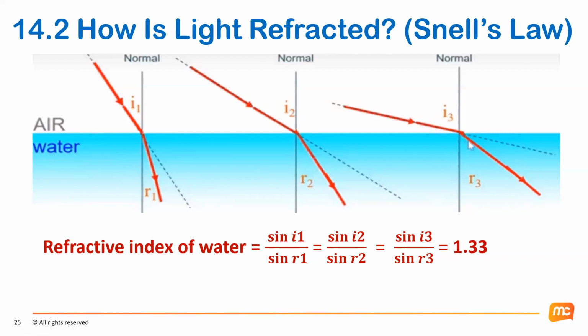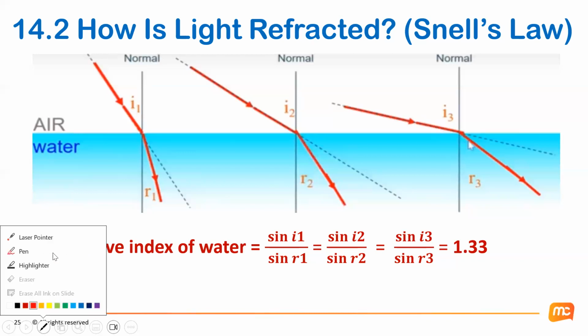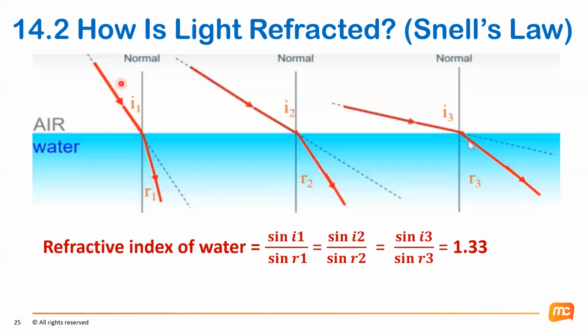Based on the second law of refraction, also known as Snell's law, the ratio of sine I to sine R will always be a constant. Let's take the first example over here. This is my laser pointer. My light ray enters at an angle of I1 and gets bent at an angle of R1.